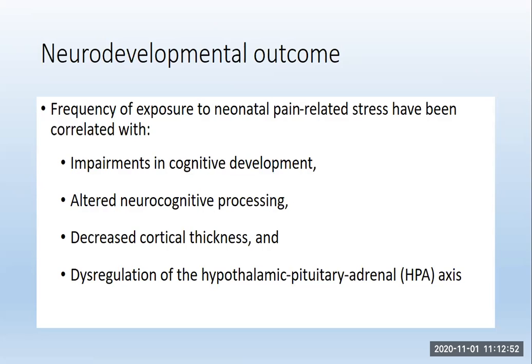There would be altered neurocognitive processing. Even the cortical thickness of the brain gets reduced because of frequent exposure to pain in early life. It also dysregulates the hypothalamic, pituitary and adrenal axis, which will lead to hormonal imbalance and multiple disorders later in life.